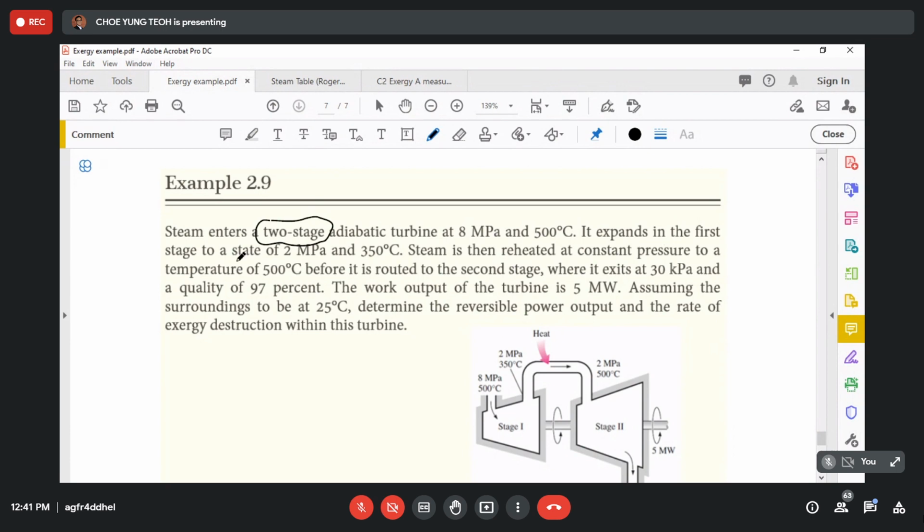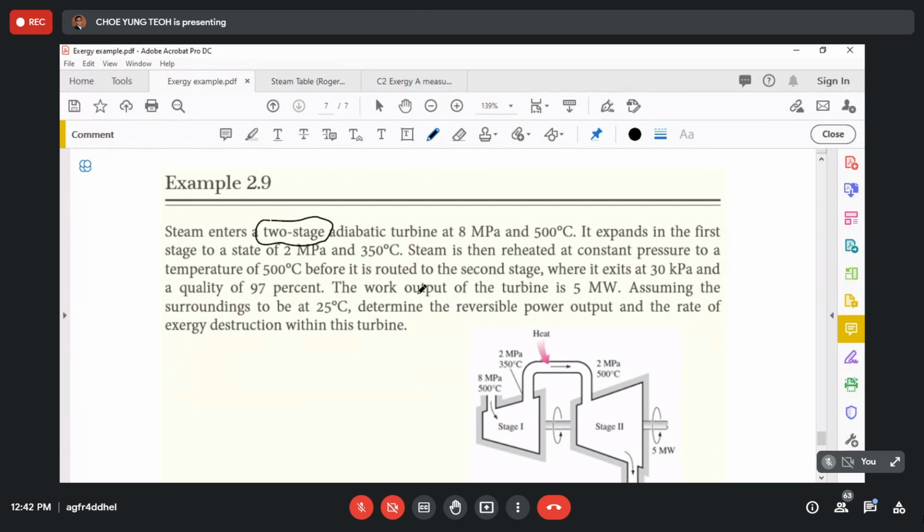It expands in the first stage to a state of 2 megapascal and steam is reheated at constant pressure to a temperature of 500 degrees Celsius before it's routed to the second stage, where it exits at 30 kilopascal at a quality of 97%. Quality of steam of 97% means that 97% of the exhaust is steam, and 3% will be in terms of water. So it's no longer superheated.